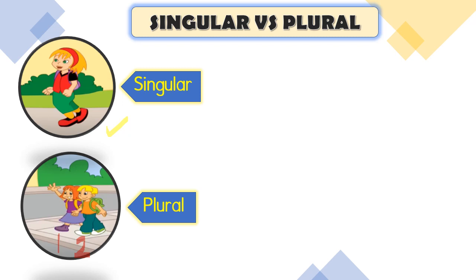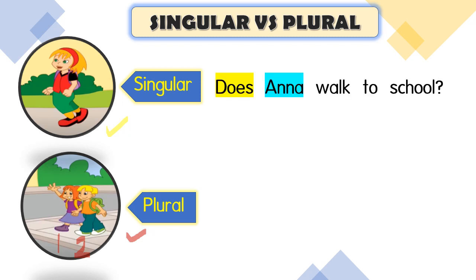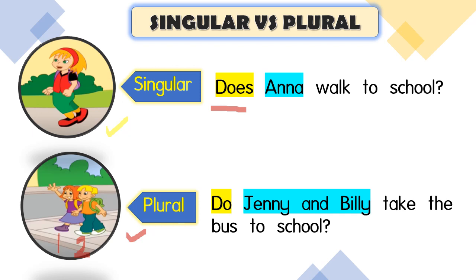So we call it plural. More than one, plural. So how do we ask about the first picture? We use does for singular. Does Anna walk to school? What about the plural? We use do for plural. So we ask, do Jenny and Billy take the bus to school?